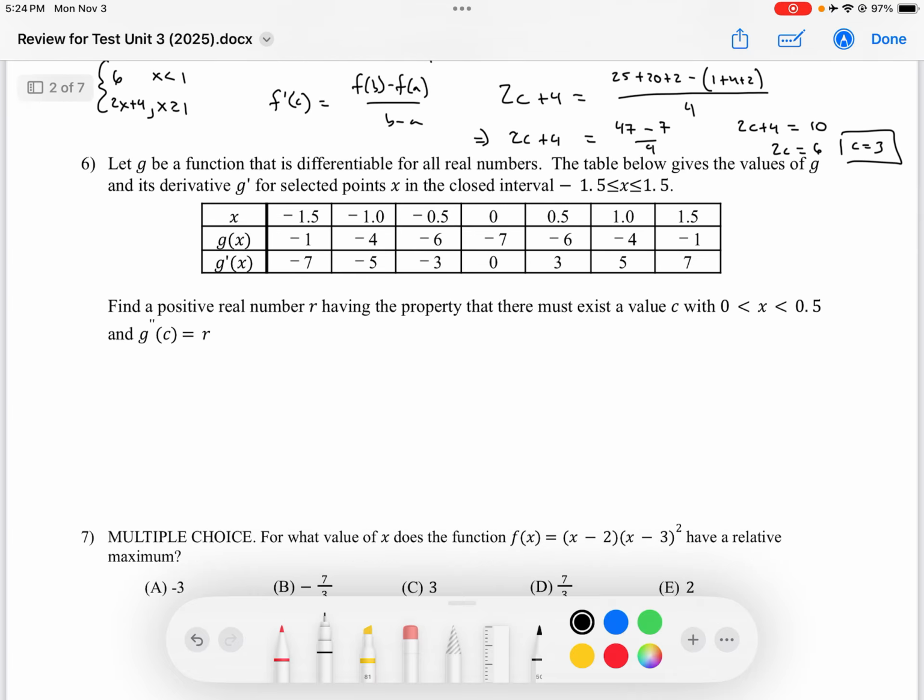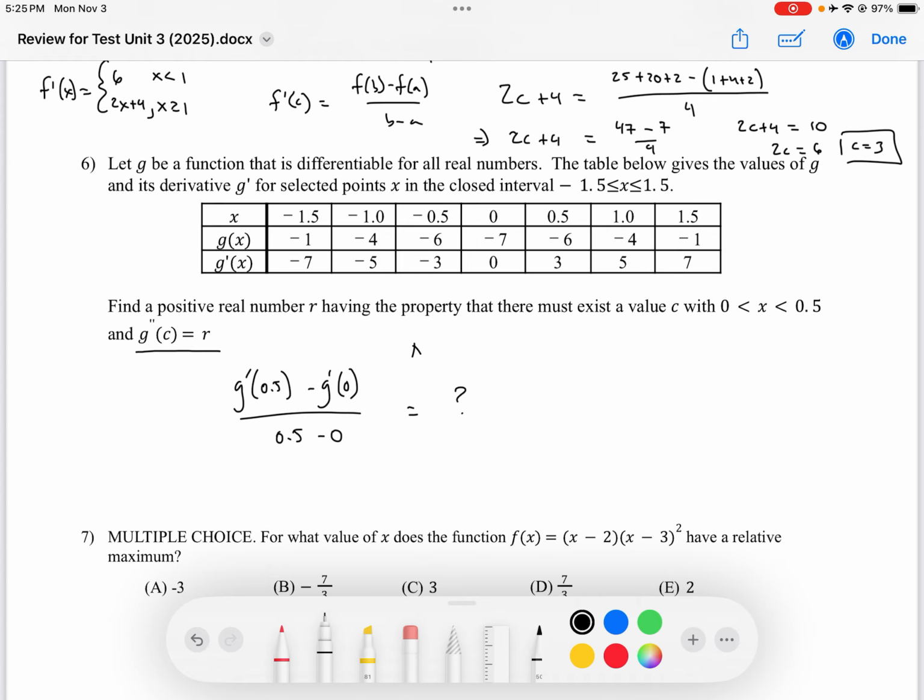Okay, I see. This is sort of like the mean value theorem, but applied one layer down. So really what we're looking for is essentially what g prime of 0.5 minus g prime of 0, divided by 0.5 minus 0, is equal to.